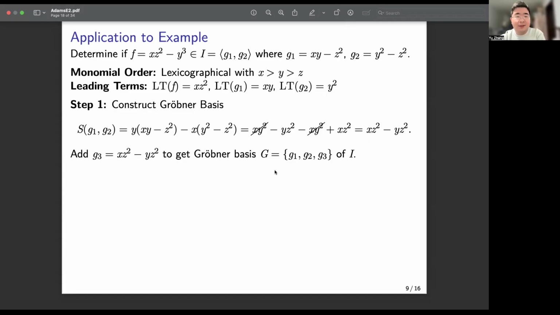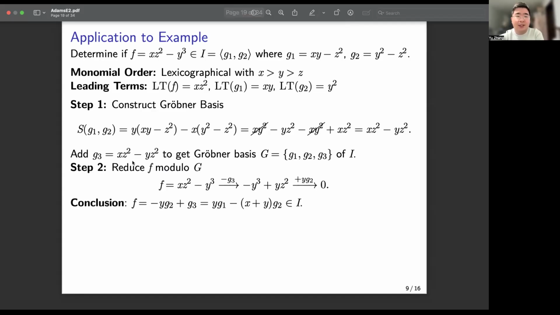The next thing we need to do is reduce f modulo G. So start with polynomial f. We look at its leading term, which is x times z squared. And we realize the leading term is the same as the leading term of g3. So we subtract g3 from f to reduce f. The new leading term is y to the third.